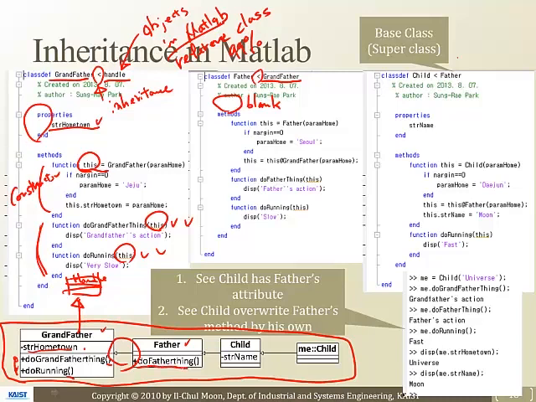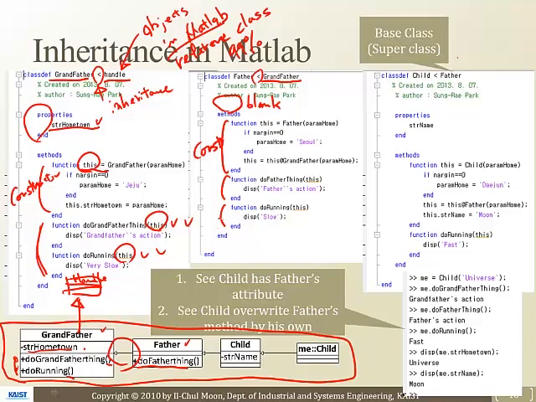And these methods include this do father thing, right? And this do father thing is here. And because it's a class, it must have the constructor, right? Strangely, we have this do running here, right?